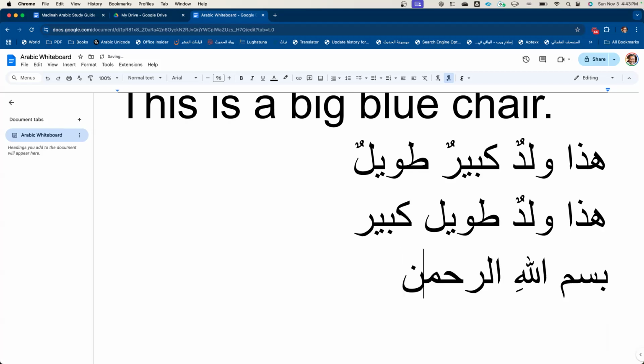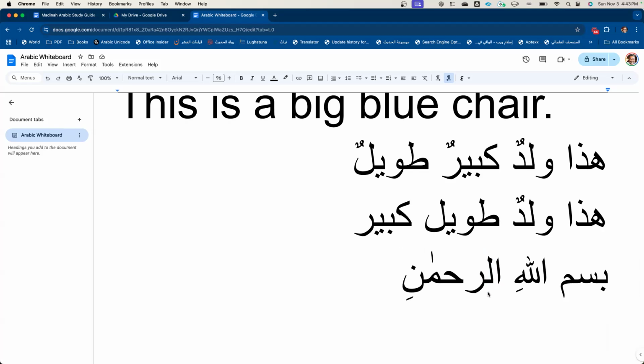Why ar-Rahman? Why al here? Because Allah has an al in front of it, right? It starts with al. And I say ar-Rahmani because Allahi is majroor, so its adjective is going to be majroor. So now you understand what this means. In the name of Allah, who is Ar-Rahman.